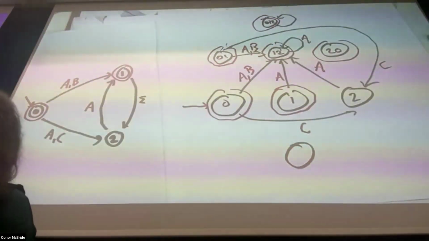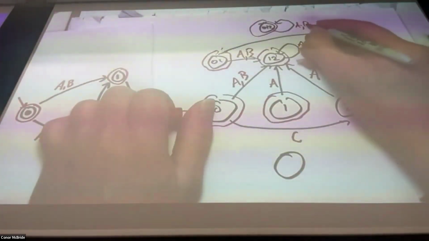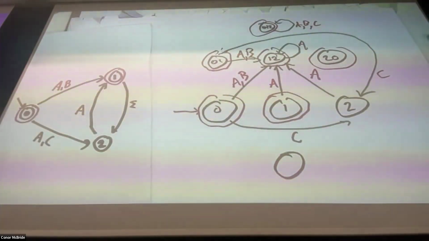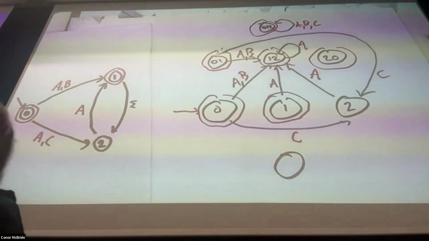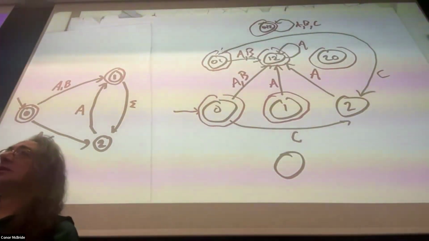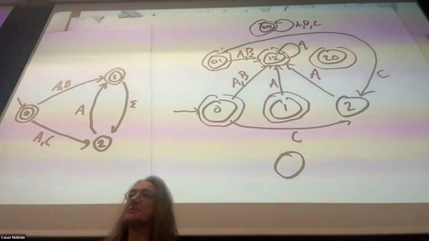We're definitely going to end up back in 0, 1, or 2. So we've now written a deterministic automaton whose job is to track all of the possibilities of the non-deterministic one.